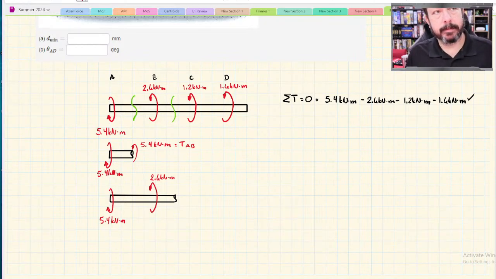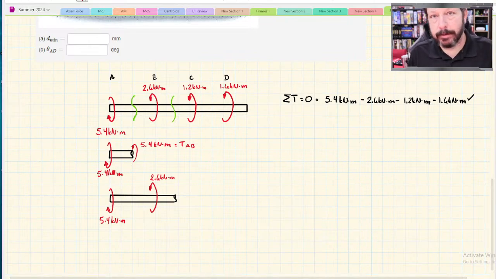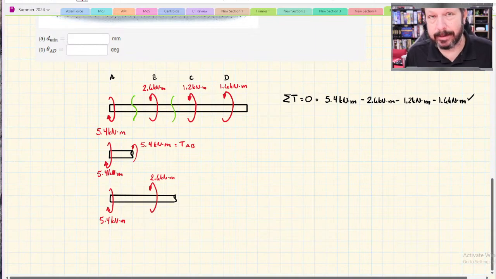It doesn't. B just consumes that much of it. It needs that much torque in order to operate. You might do that through some gear ratios or whatever. Maybe it's based on the power B is consuming. So it's just a budget: this is the available part, and this percentage gets sent to B based on the way I've designed the system. We just don't know what B, C, and D actually are. We just know how much torque they're consuming.